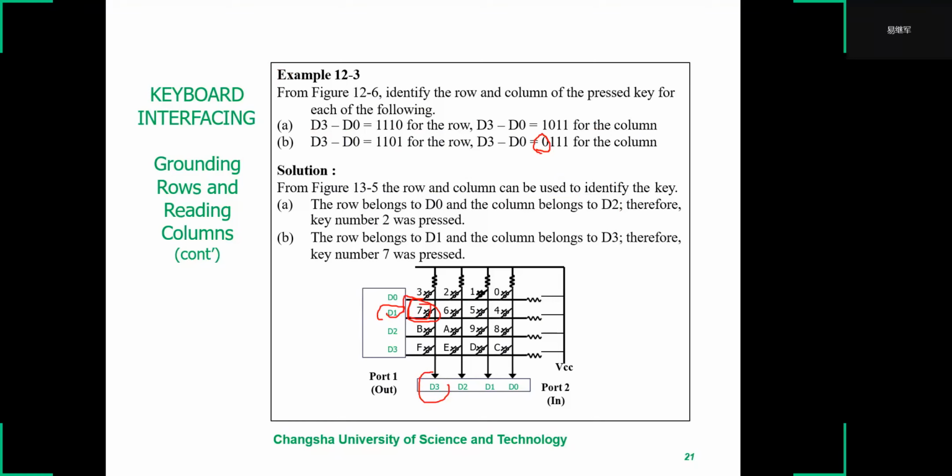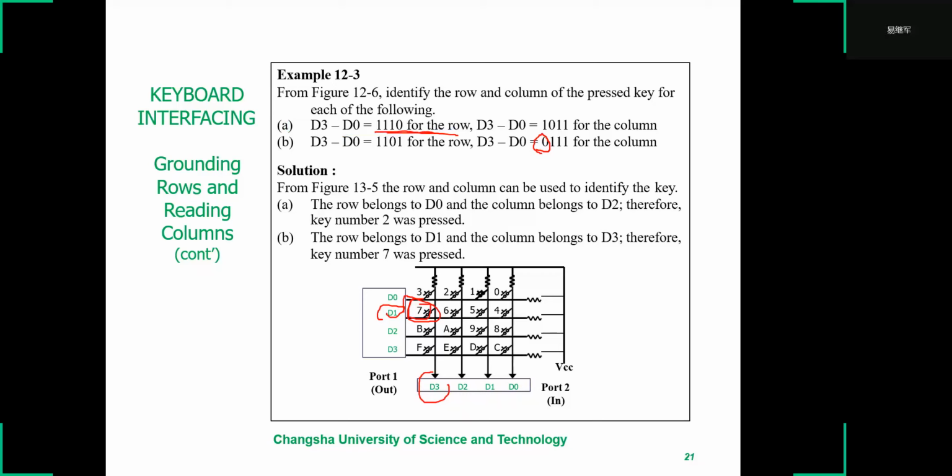For the 1110 on the row, how do you count it? Sorry, I don't understand. D3 to D0, that one. I'll give you an example.